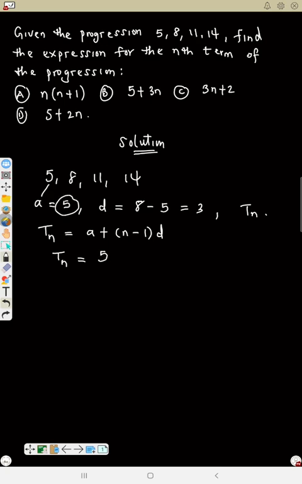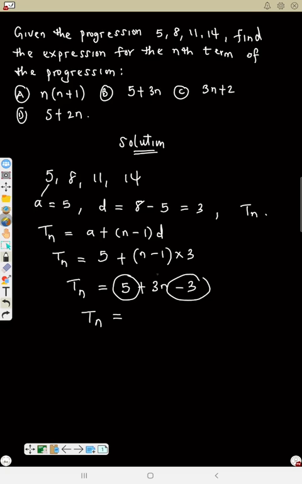A is 5, that is the first term, plus n, because we are looking for n, times d, and the common difference is 3. So the nth term is 5 plus 3n minus 3. We open the bracket: 3 times n is 3n, 3 times 1 is 3, then minus 3. So Tn, 5 minus 3 will be 2, that is 2 plus 3n.